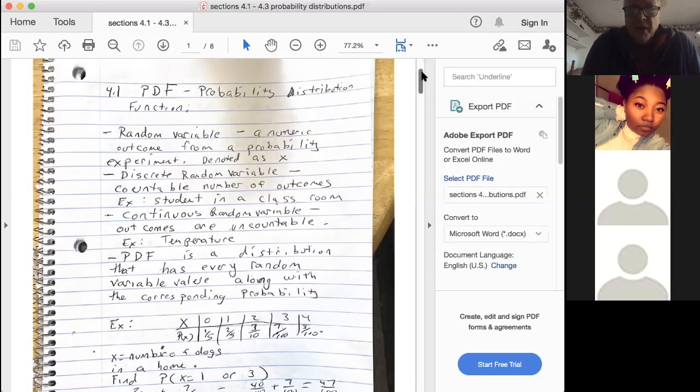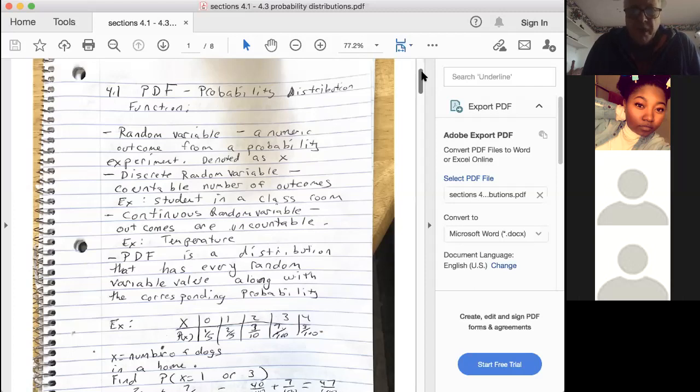That means I can count up the outcomes. So in other words, I can count how many customers are in the checkout line at Meijer at noon. Or I can count up how many students are in the class at any given time. Or how many airplanes land at the airport by 1 a.m. That would be a discrete random variable because I can count those up.